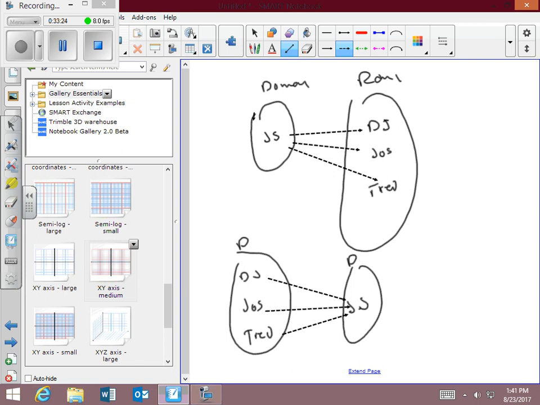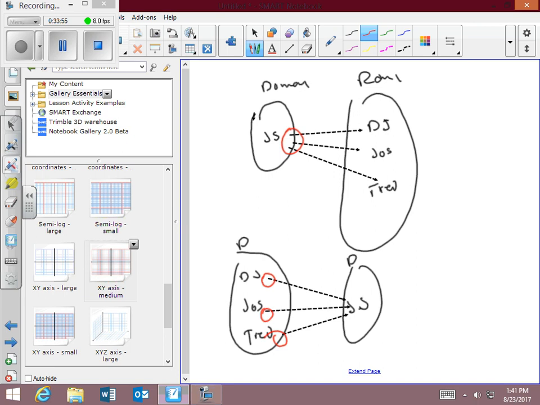Because you see this, there's only one tail on each one of those people, but on this one there's 3. That's the difference between a relationship that is not a function and a relationship that is a function. Both of those are relationships, only one is a function.